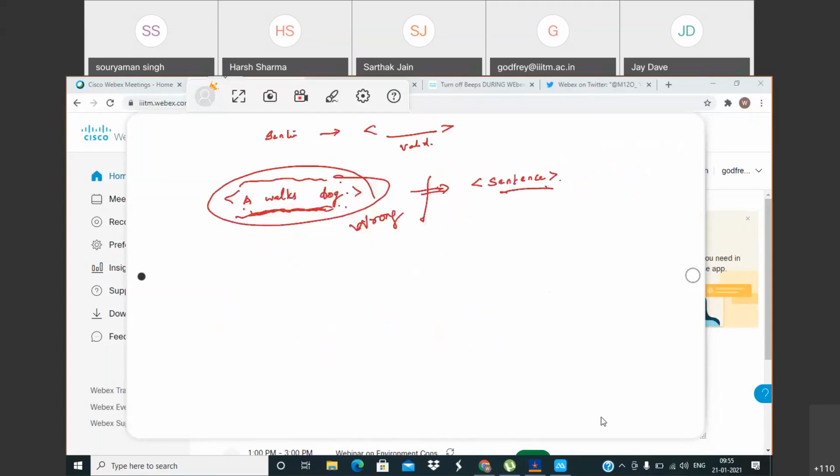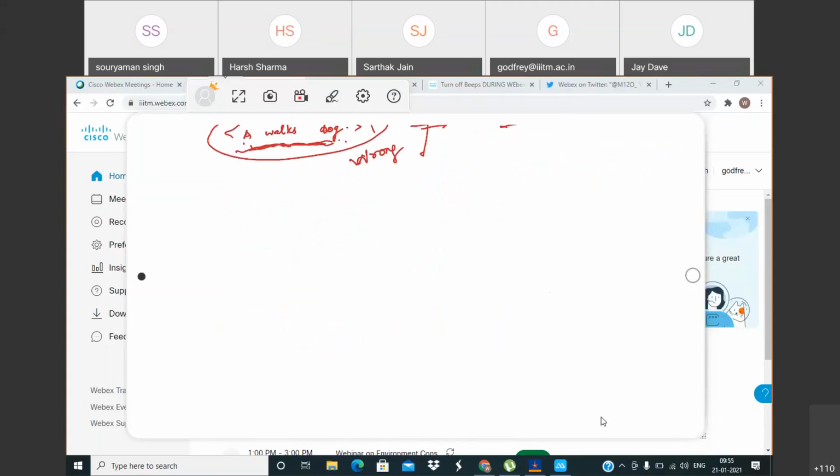Formally, in order to define a grammar, the grammar is going to be given by a quadruple, right? It basically means that there are four tuples.